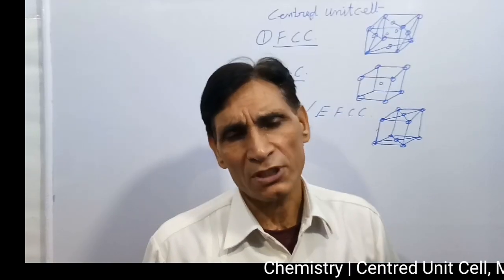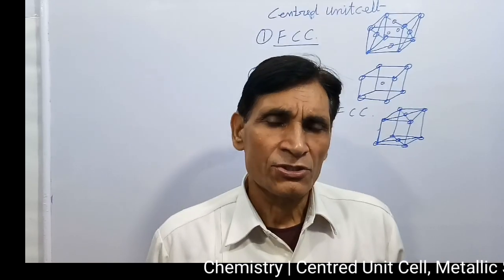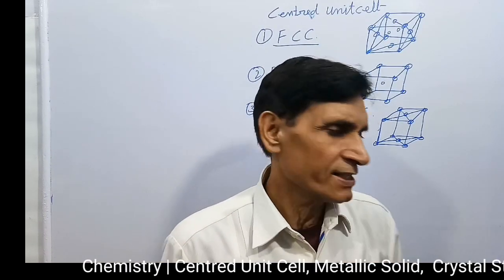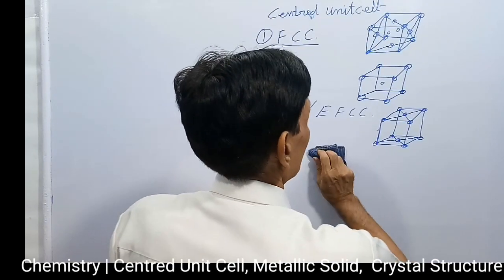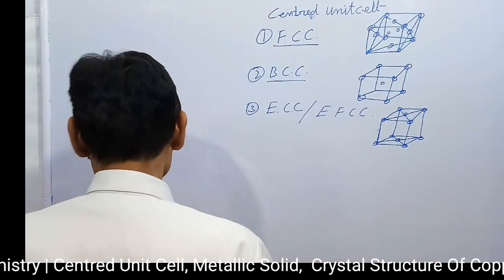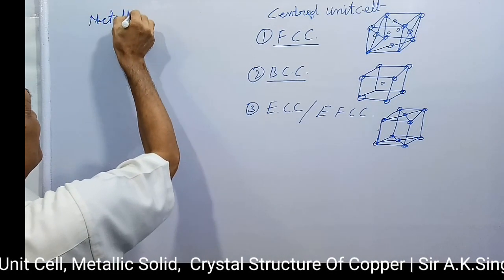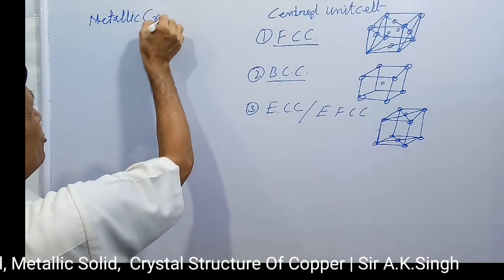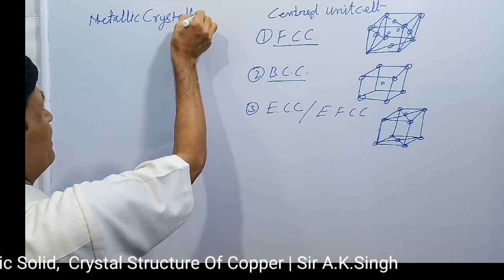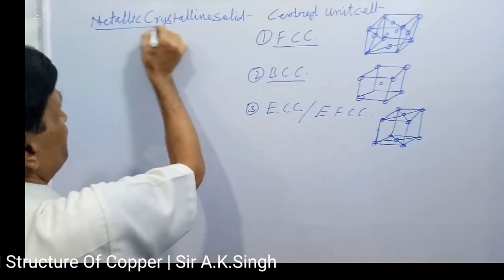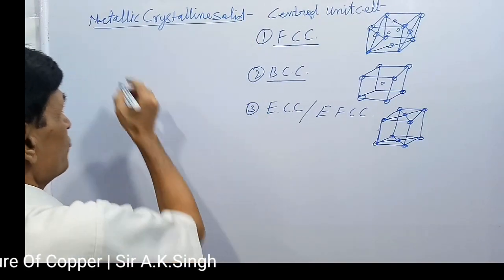Now I am going to tell you the structure of metallic solid and what a metallic crystalline solid is. Metallic crystalline solid, or metallic crystal, point wise.